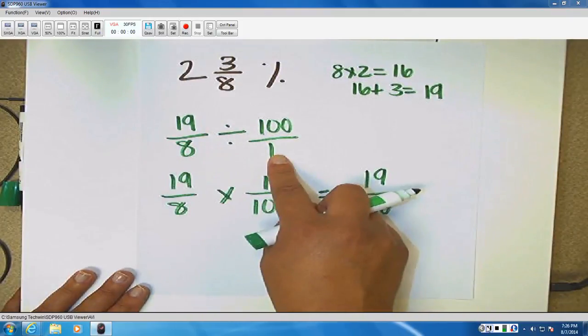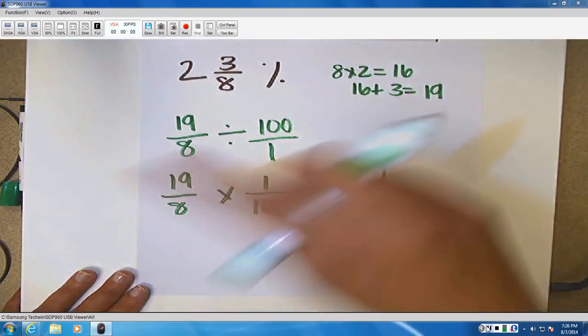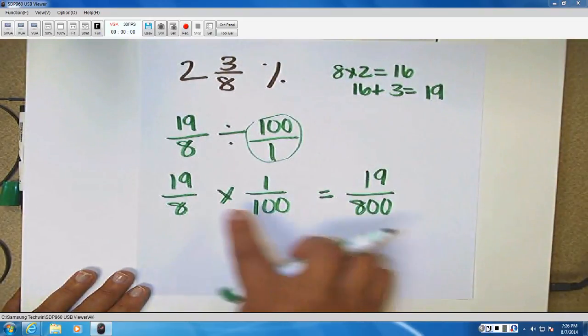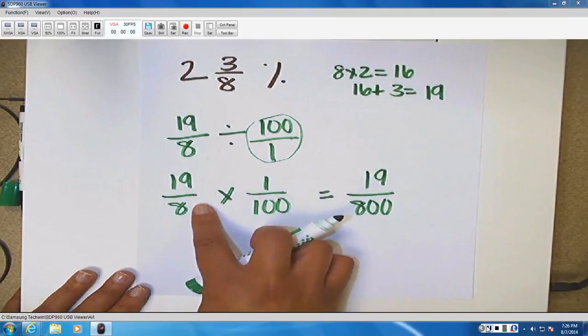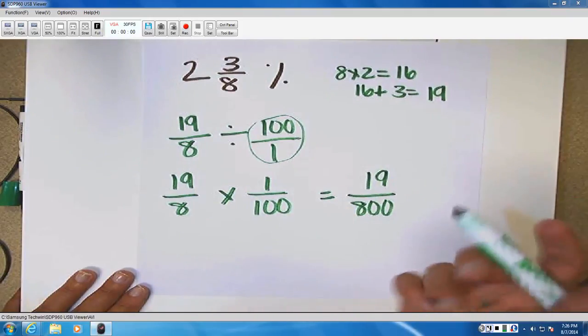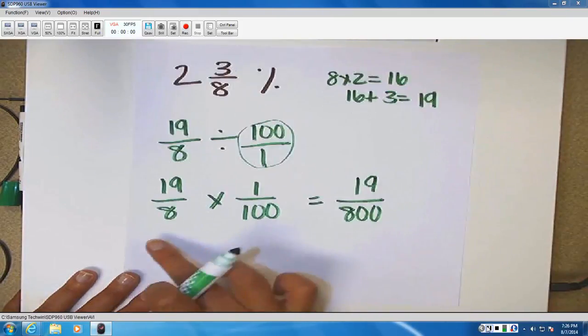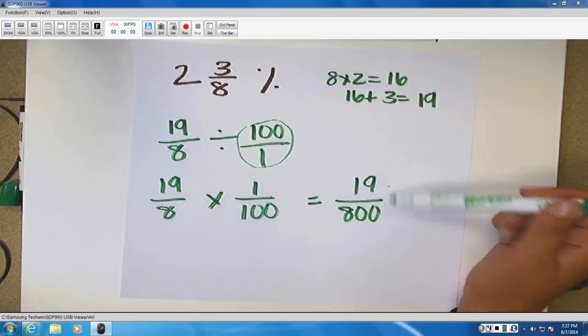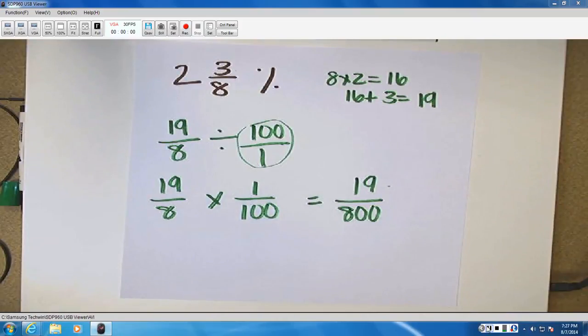We set up our equation to divide that by 100, but we know we're going to actually flip this fraction over and end up multiplying. So we had 19/8 times 1/100th, multiplied straight across the board, our numerators by our numerators and our denominators by our denominators, and ended up with 19/800ths. So that is how you take a percentage and turn it into a fraction.